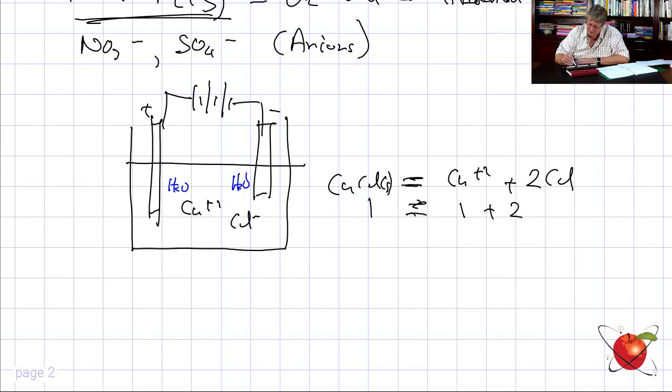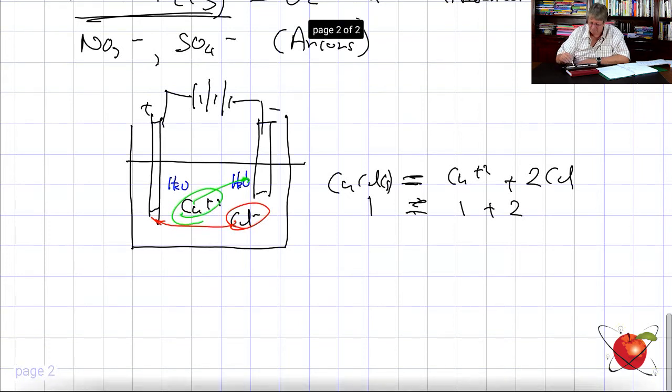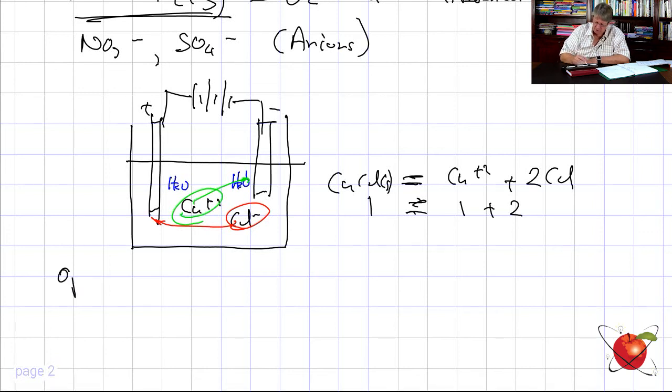The copper ions, the plus ones, are going to migrate there, and the chloride ions, the red ones, are going to go that way. Because they're minus, they're going to be attracted to plus. So what are our options? Let's look at what the options are.